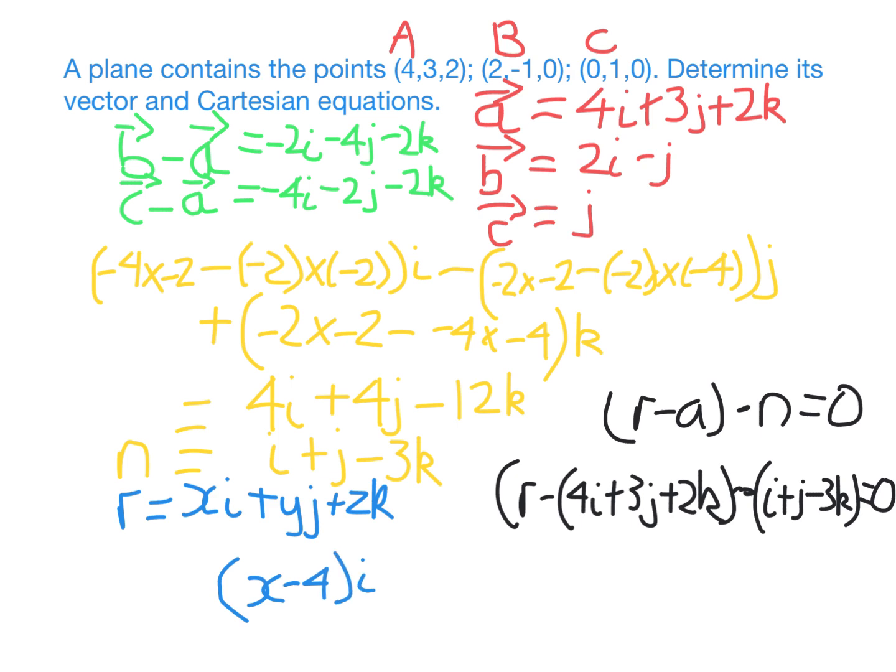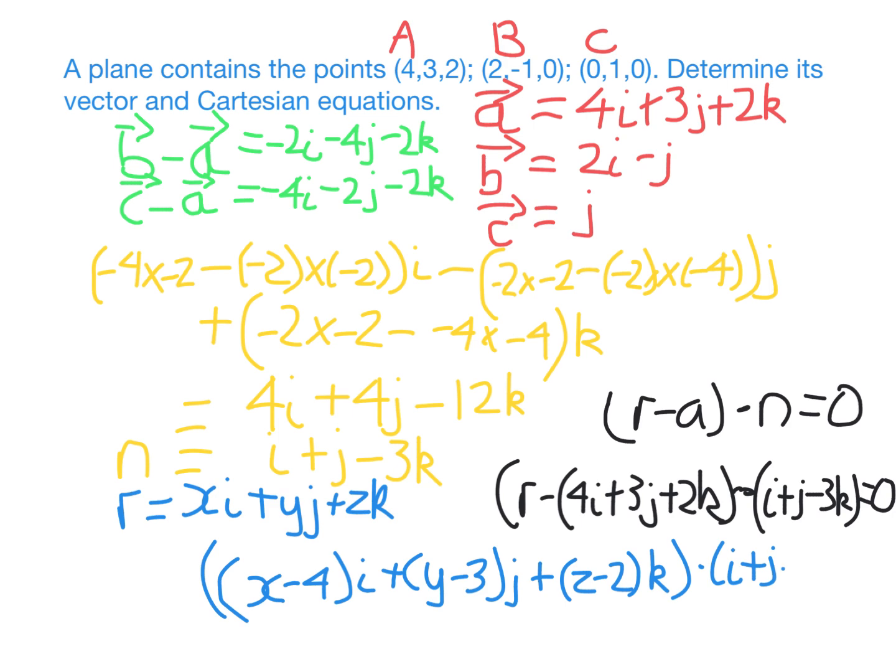Then we'll subtract the y components, so we have y minus 3j. And then we'll subtract the z components, so we have z minus 2k. So when we take the dot product of this with i plus j minus 3k, we should get 0.